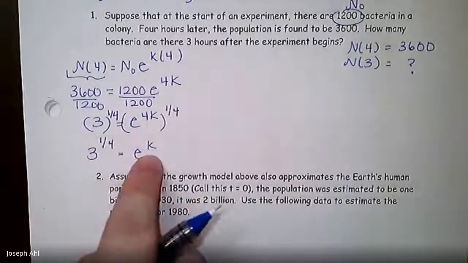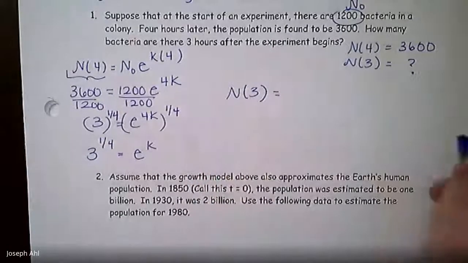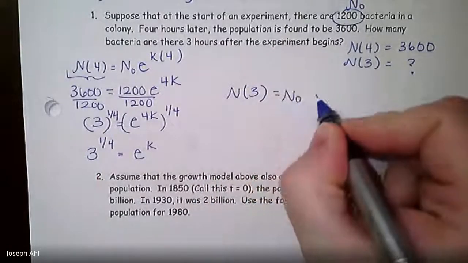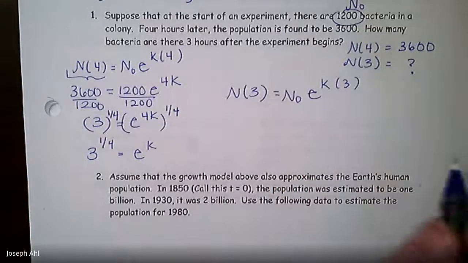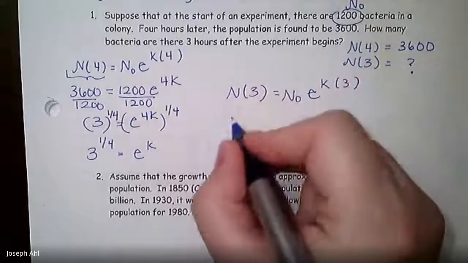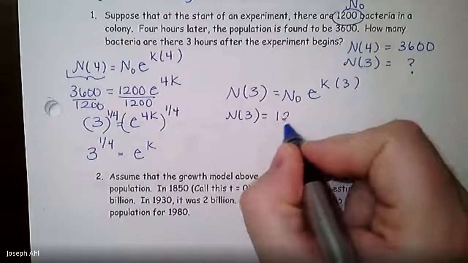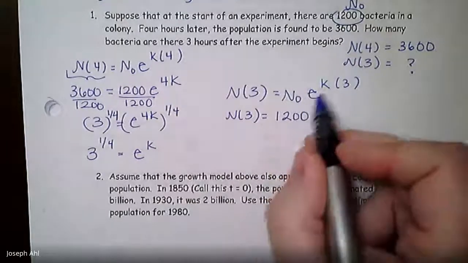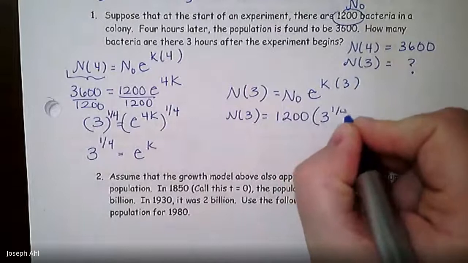Now that I have that value for e to the k, I can come over here and say, n of 3, which is what I'm looking for, would be the initial amount, n sub 0, times e to the k times 3, where time is 3. I know the initial amount is 1200 still. E to the k is 3 to the 1/4 power.